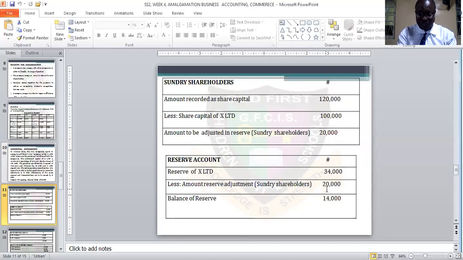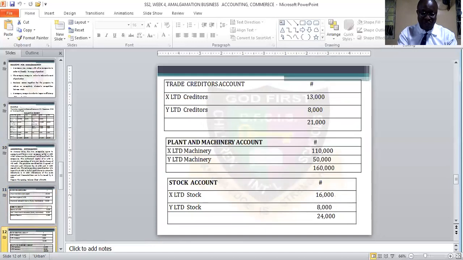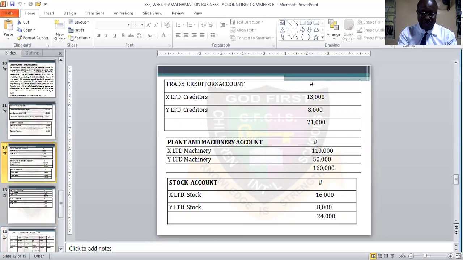So we less 20,000 naira from it. Then we have balance of reserve of 14,000 naira. That means 20,000 naira subtracted from 34,000 naira, you get 14,000 naira. So that is for the sundry shareholders account and the reserve account.